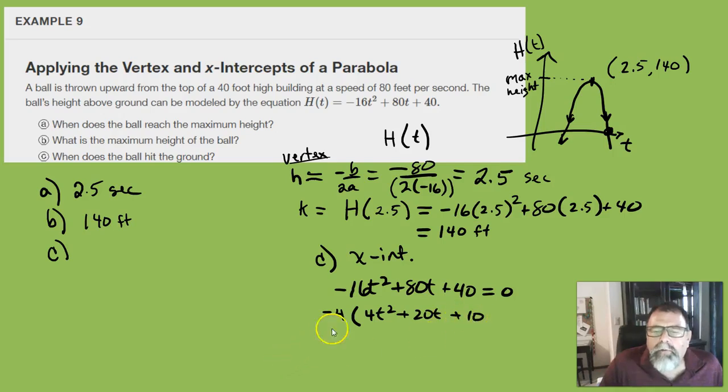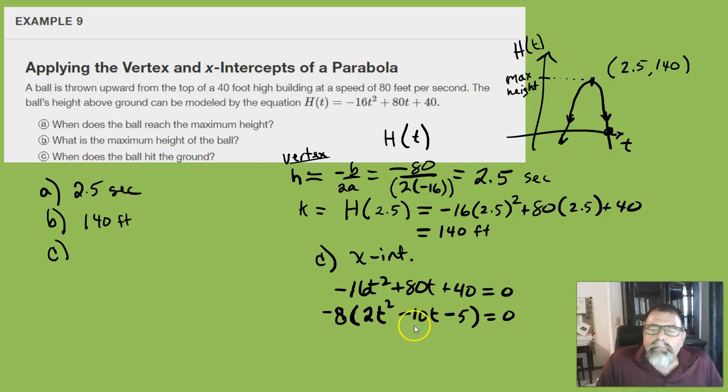Oh, I could have taken more. So I could have taken 8. Here, let me just rewrite it. So if I take out -8, I get t squared minus 10t minus 5 equals 0.